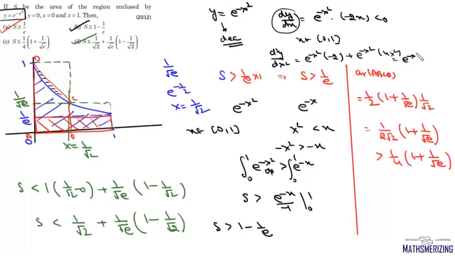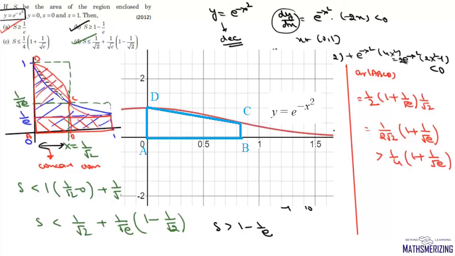So we'll get e to the power minus x square into 2 and then 2x square minus 1. Now when x lies between 0 and 1 by root 2, this value is negative. So that means between 0 and 1 by root 2, this function is concave down. So actually this graph should be concave down like this.